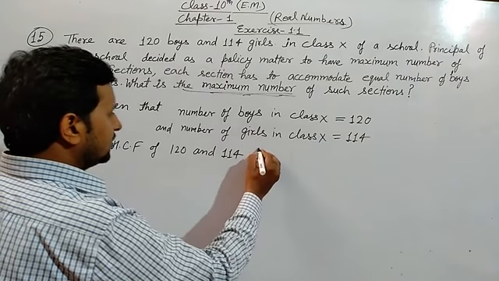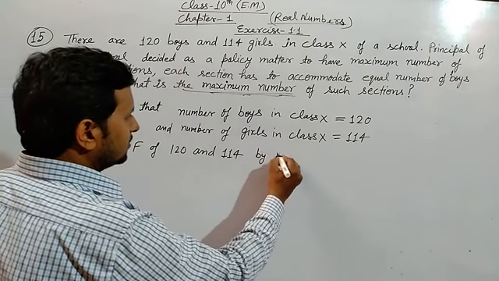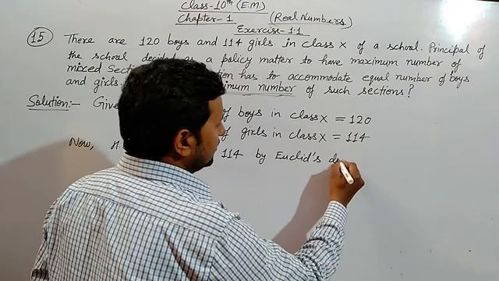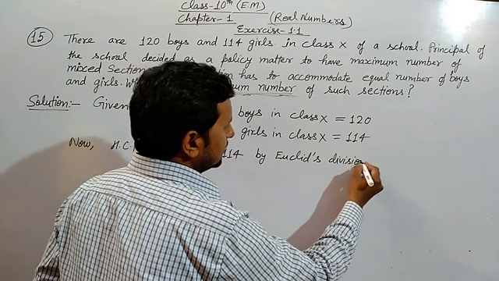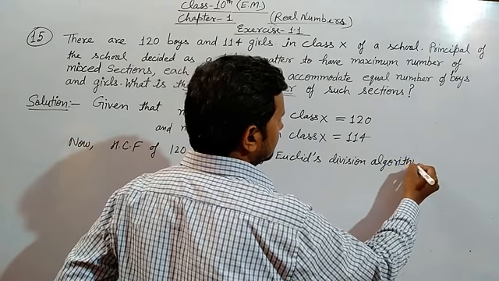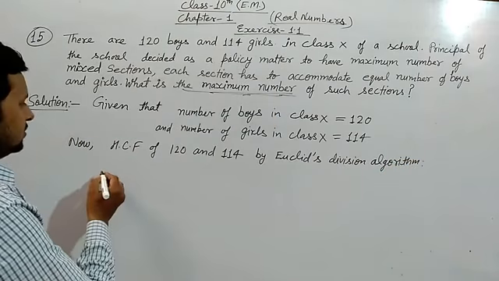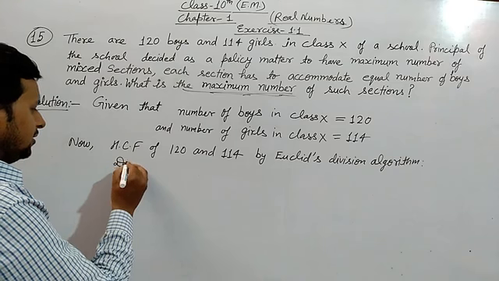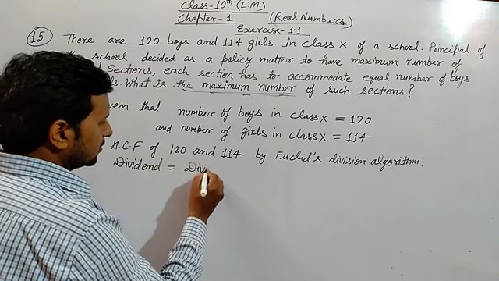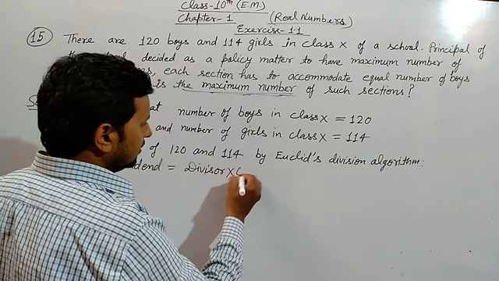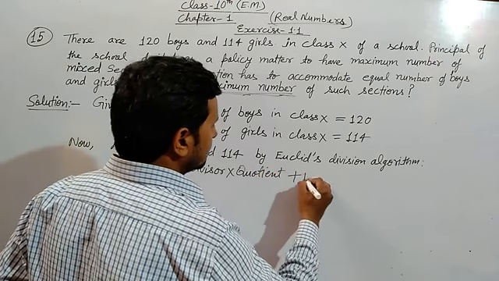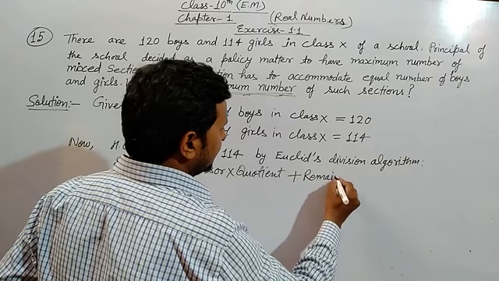So by Euclid's division algorithm. Okay. What is this method? Dividend is equal to divisor into quotient plus remainder.